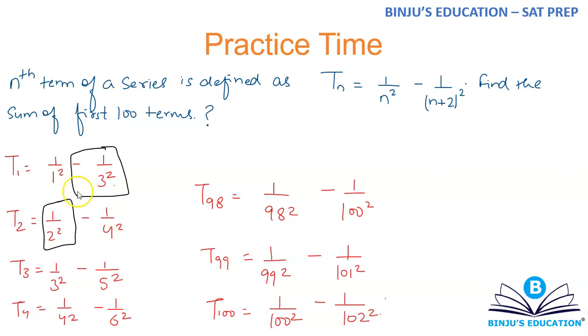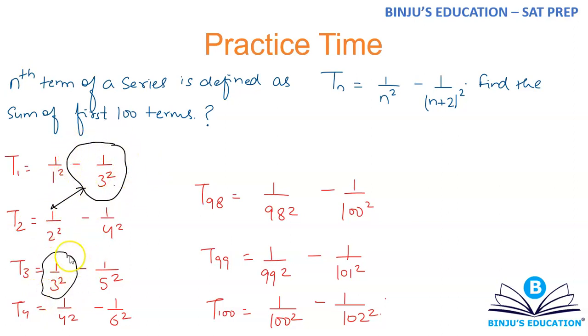So instead of cancelling minus 1 by 3 and plus 1 by 2, that's not working out. Why? Because in this case, minus 1 by 3 square is cancelling out by this 1 by 3 square. So this is going to get cancelled by this, and this by this, and so on and so forth. And let me write T97 also.